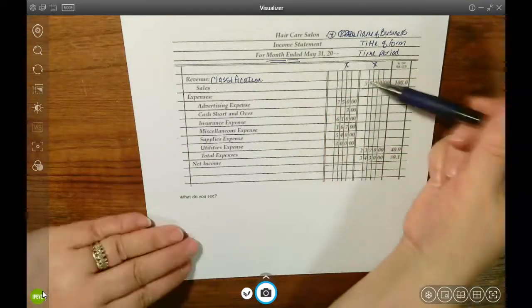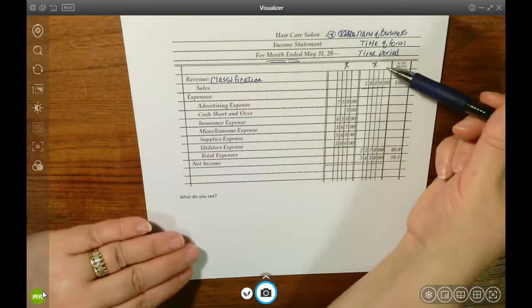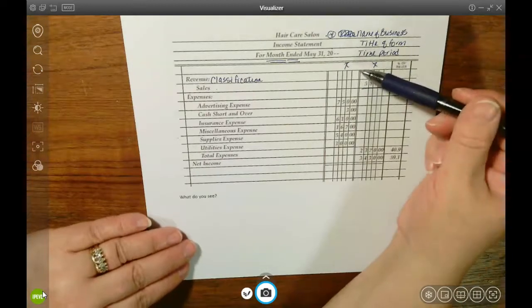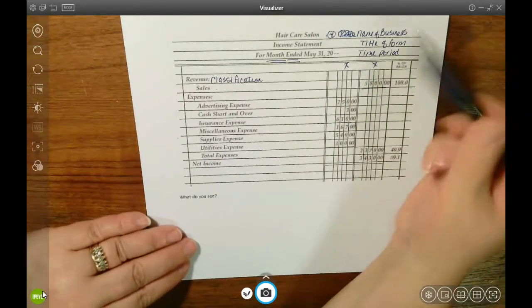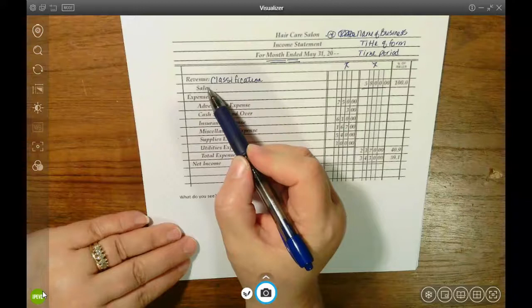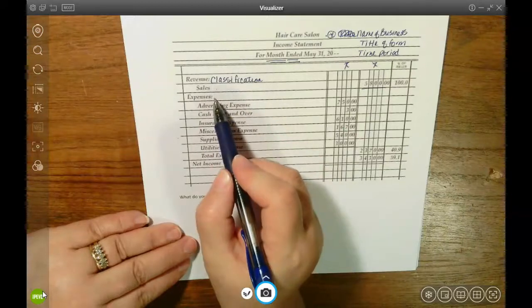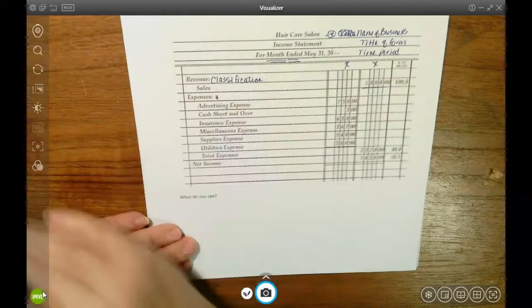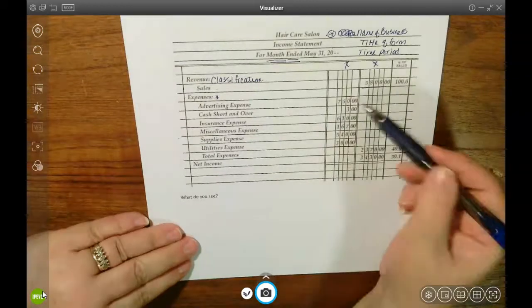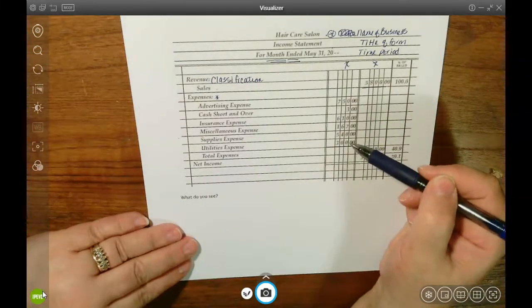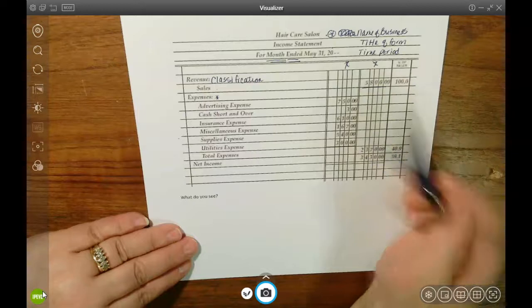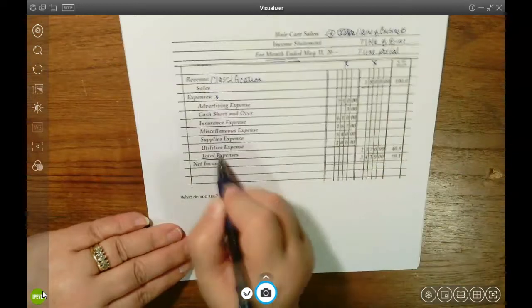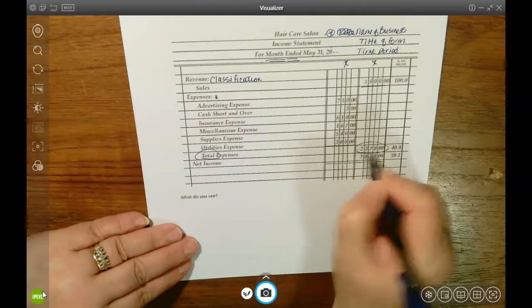It's just assumed that we know that the right side is the credit and the left side is the debit. After you've written down all your sales accounts, then you write down all the expense accounts. Then you write the amounts. Once you've done all of that, you total the expenses and write it here.